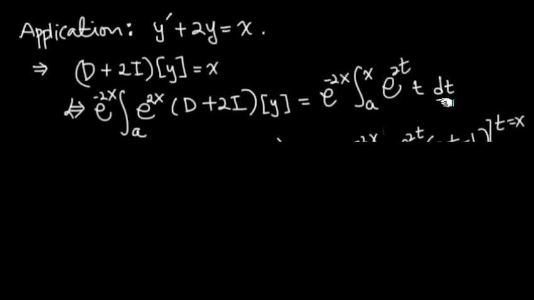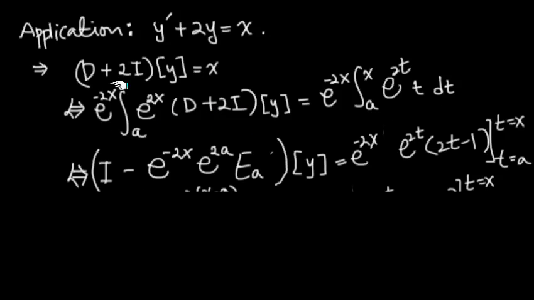So that's the part. You can integrate it with integration by parts, and you can actually calculate this one explicitly. What happens on the left hand side with these three operators applied to d plus 2I is, because of the corollary, it becomes I minus e to the negative Qx times e^Q(a), with the evaluation operator at a. That whole thing is operating on the function y.